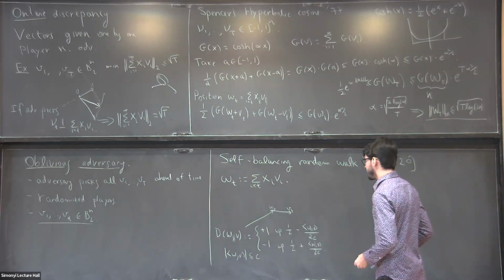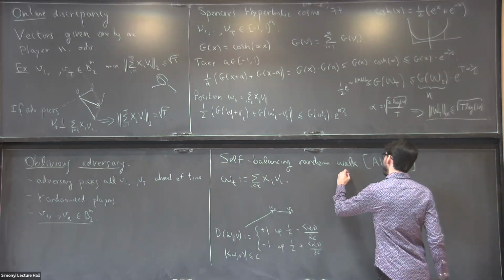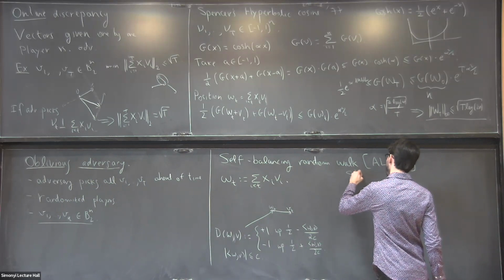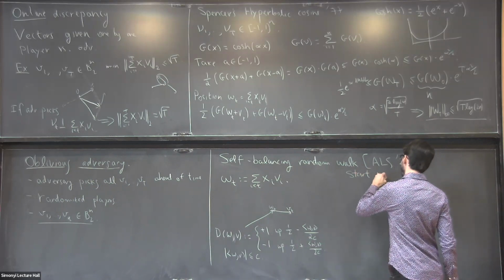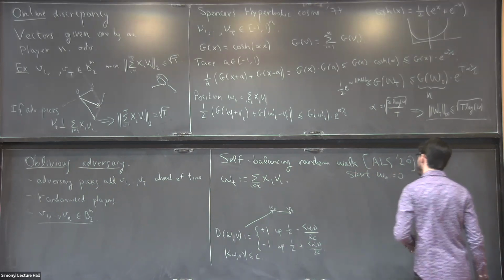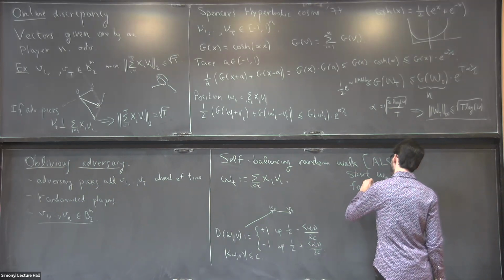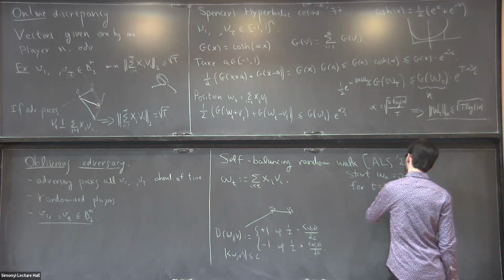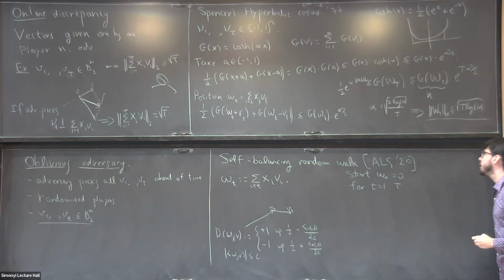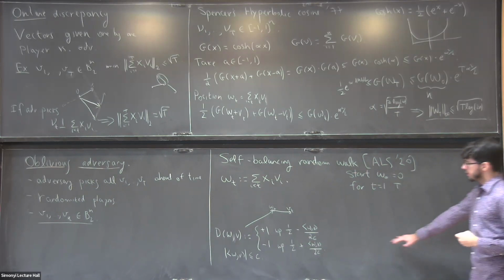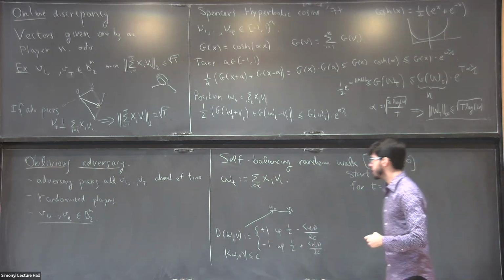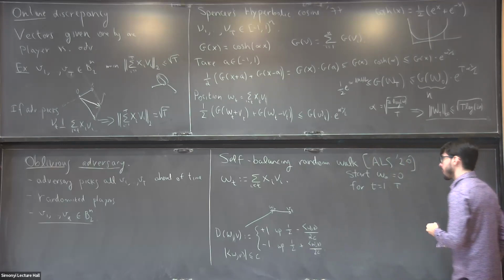So what's the algorithm? We start with W_0 at the origin, and for T many rounds, first we check that this is indeed a probability, that things are fine.